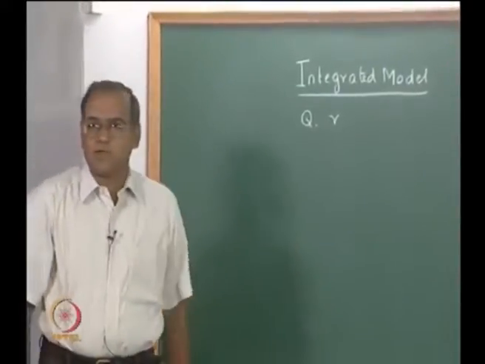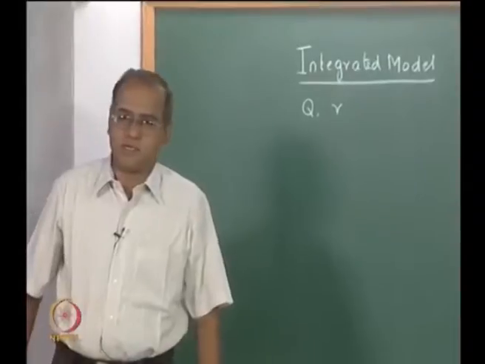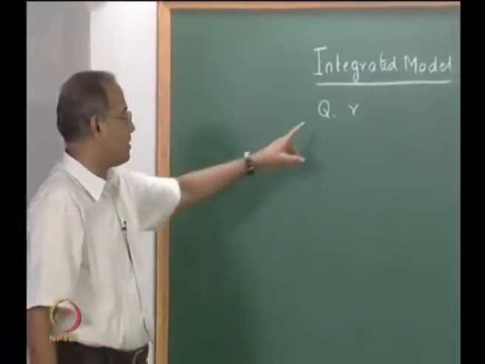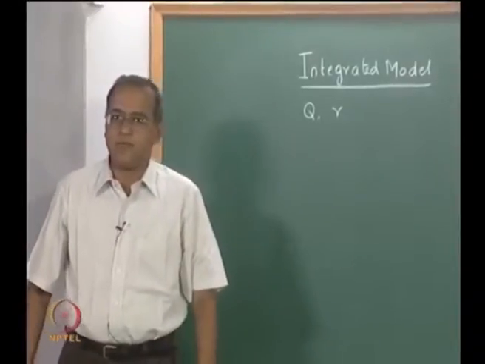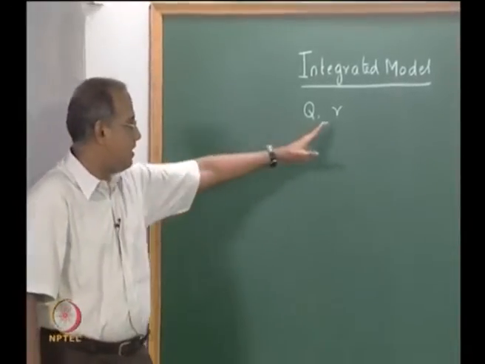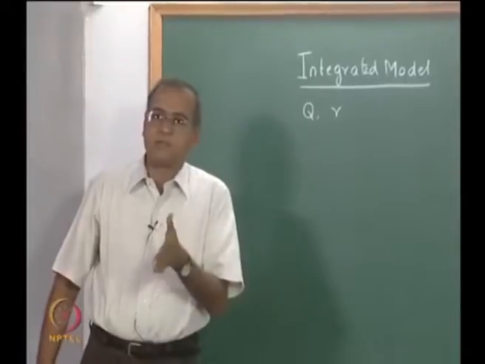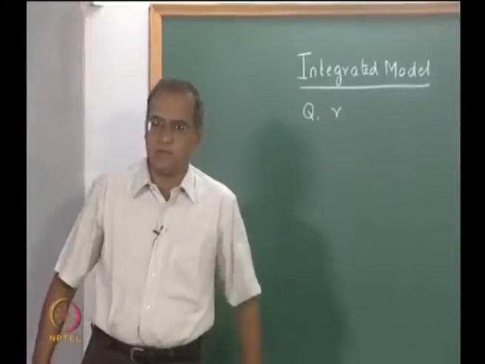In the earlier models that we saw in the previous lectures, we had computed Q based on the economic order quantity equation, and then R was computed based on the lead time demand.